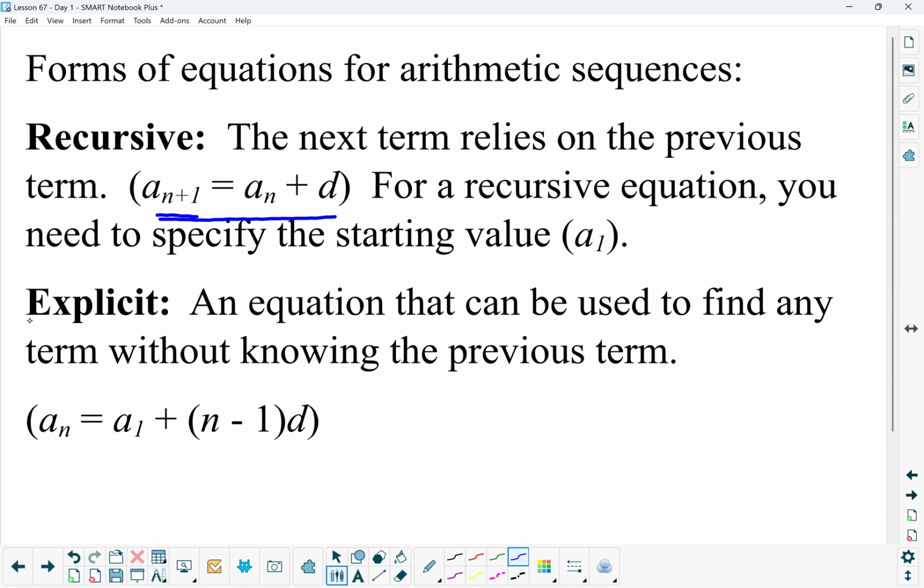To calculate any term, a sub n, we take the first term, a sub 1, plus n minus 1 in parentheses times d. So in our previous example, we would have 4 plus n minus 1 times 3. And you can multiply that out and combine like terms and get a more compact equation. We will look at that as we work through some examples.